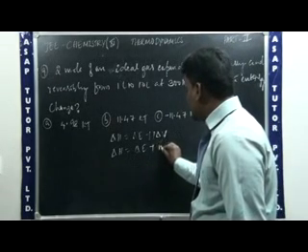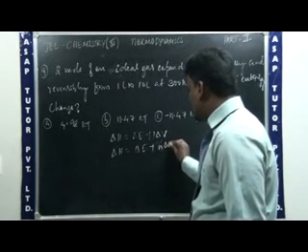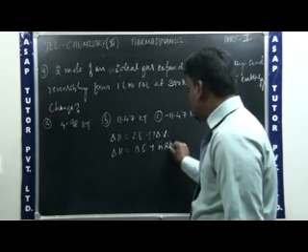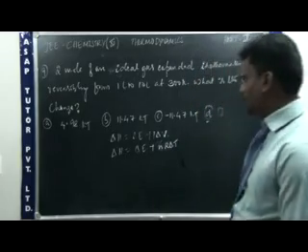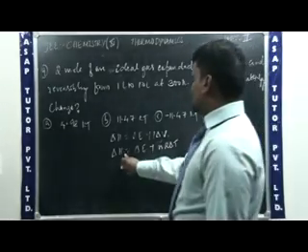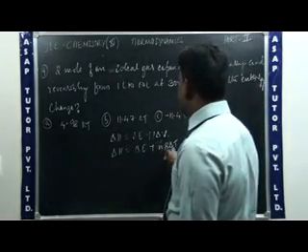It should be N into R into delta T, meaning there is a change in temperature. So therefore delta H is equal to delta E plus N R delta T.